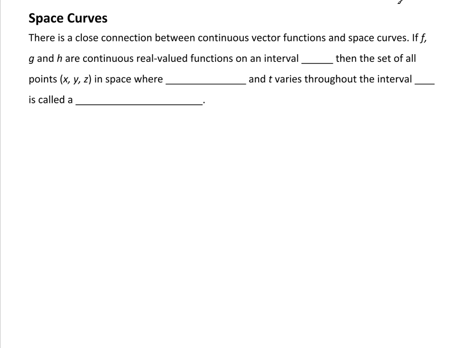If f, g, and h are continuous real-valued functions on some interval which we'll identify as I, then the set of all points x, y, z in space where x equals f of t, y equals g of t, and z equals h of t, and t varies throughout this interval I, is called a space curve.